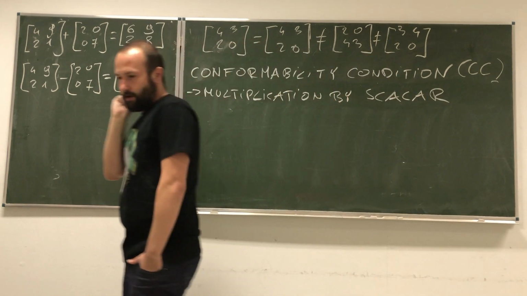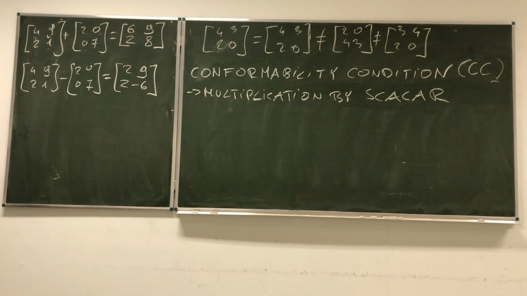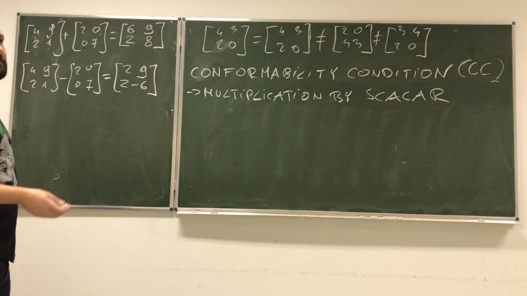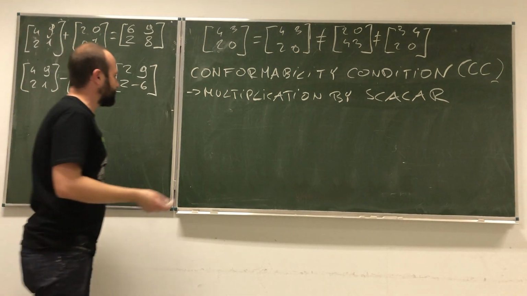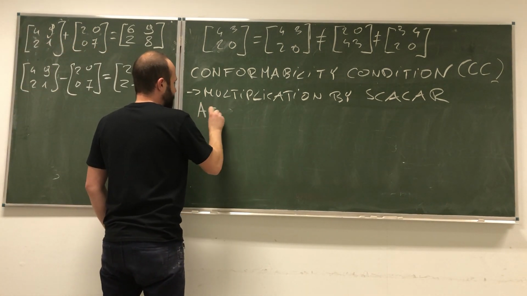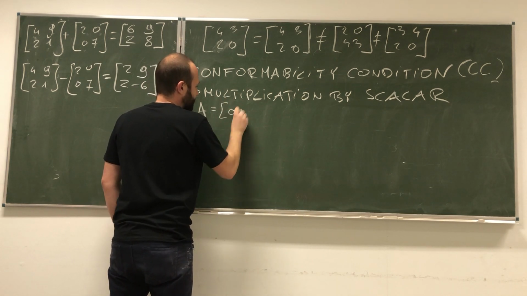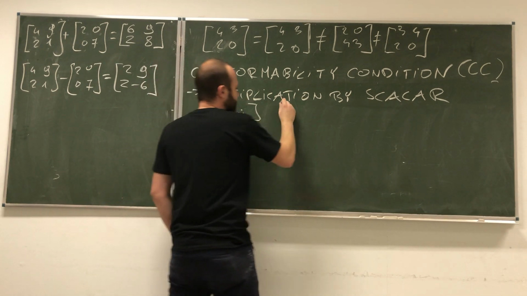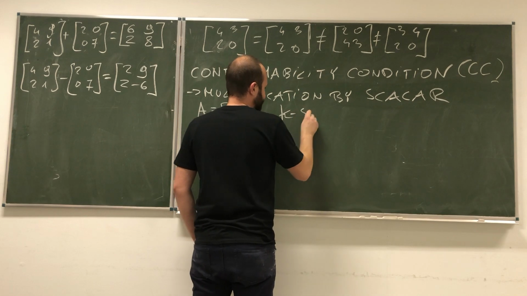Now let's move on to multiplication by scalar. So look, our task is simply to multiply some matrix A with elements a_ij by some scalar k.